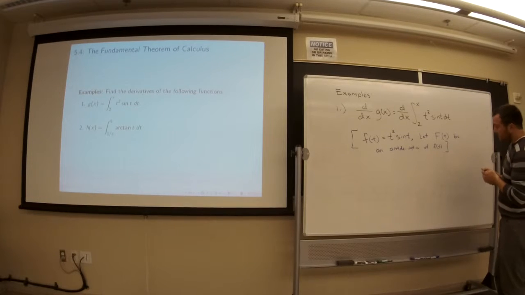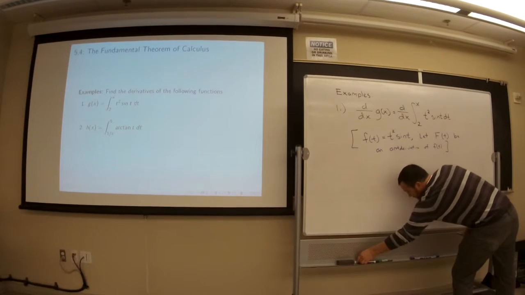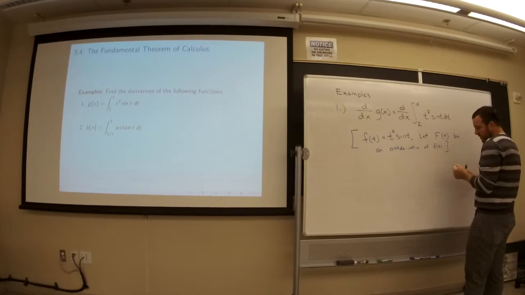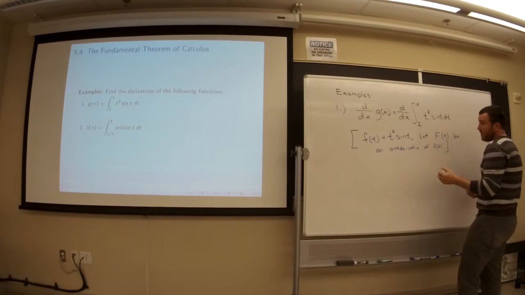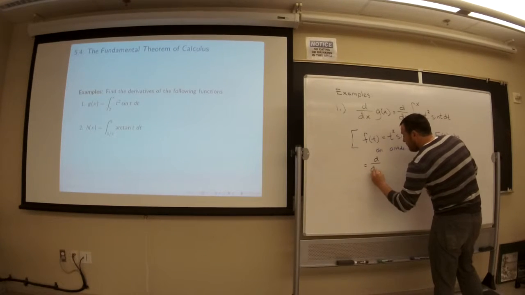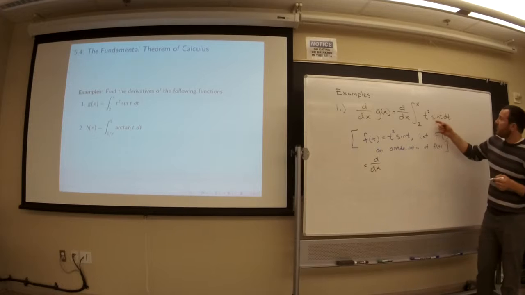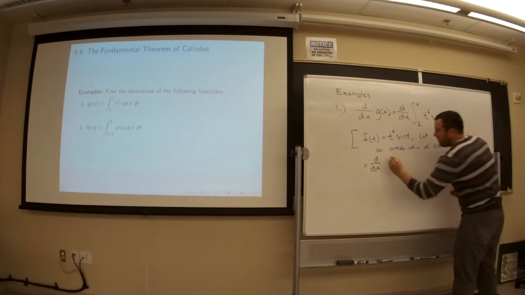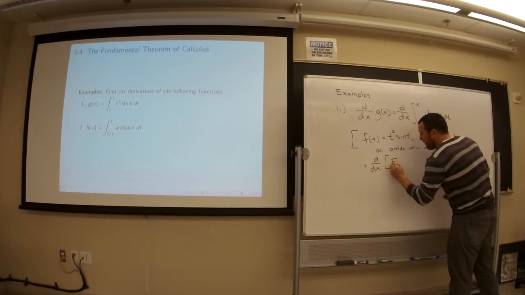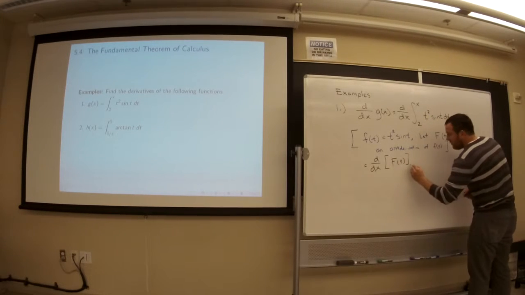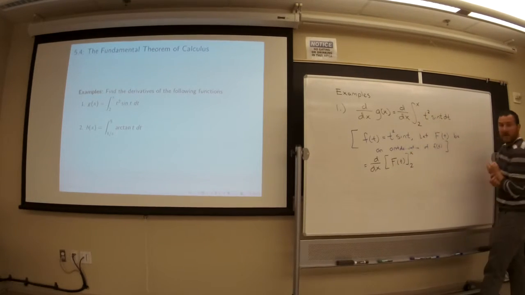Okay, and then continuing from there, our derivative of g of x is going to be the derivative of this integral, but if this is little f of t, then if we evaluate this integral, that would be its antiderivative, capital F of t, evaluated from 2 up to x.